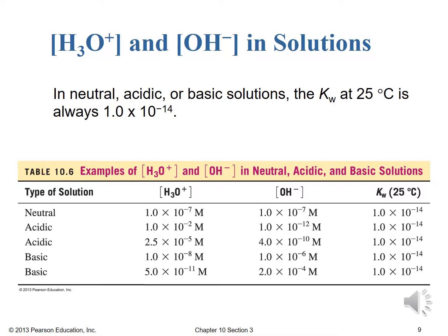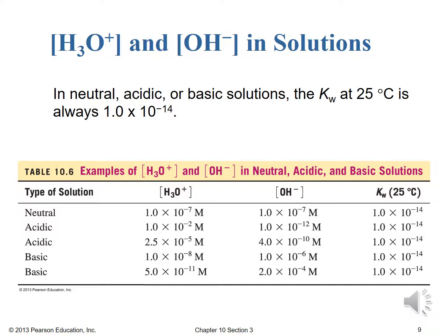If we look at bases, the same sort of thing is happening. For the basic solution, second from the bottom, if our base is 1.0 times 10 to the minus 6, so 10 times more concentrated in OH minus than pure water, then look at our acid. It's one tenth as concentrated as pure water, and we get that overall Kw value upheld.